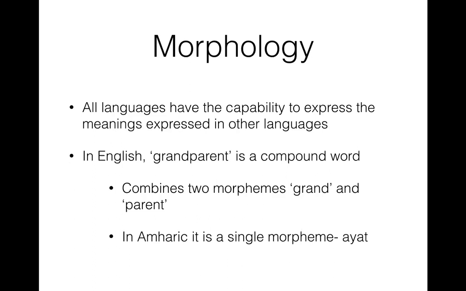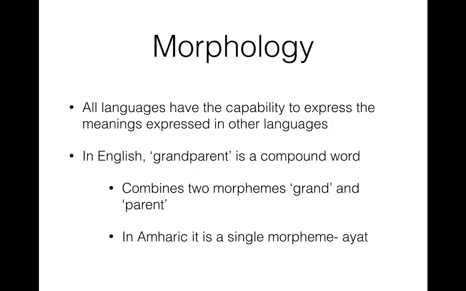Ayat. So in English, for example, we have the ability to blend different words together to create compound words, where you're taking two different morphemes that have two different meanings, grand and parent, to create grandparent. You can also do grandfather, grandmother, grand aunt, right? The possibilities are just endless with compounding.